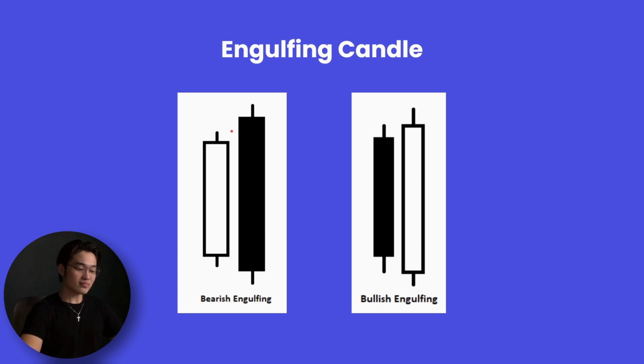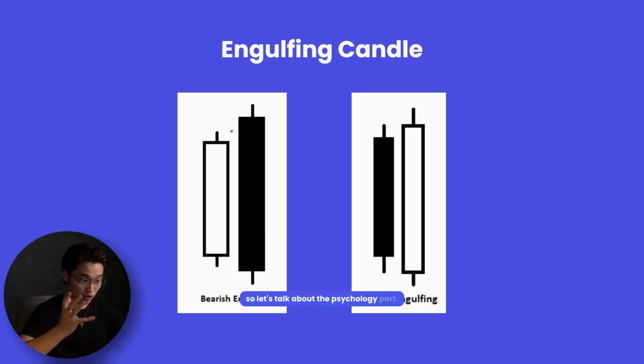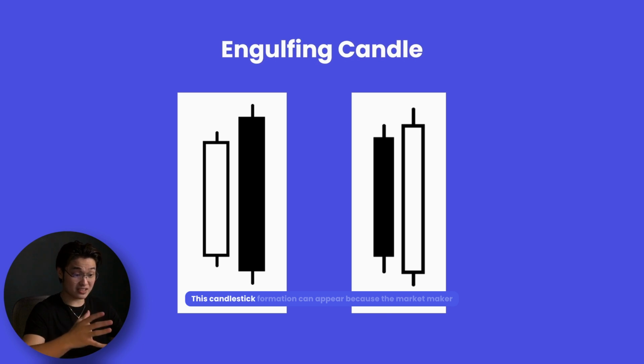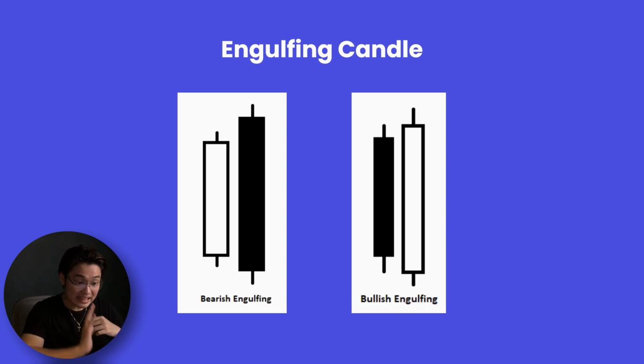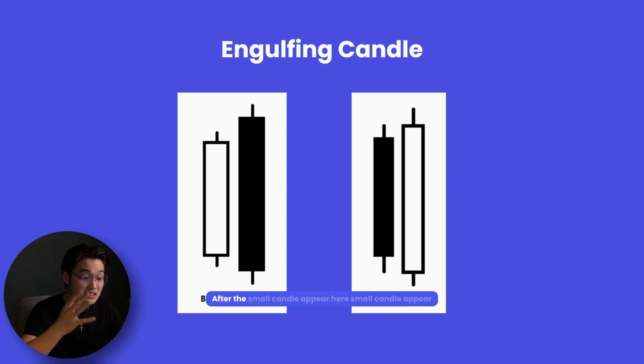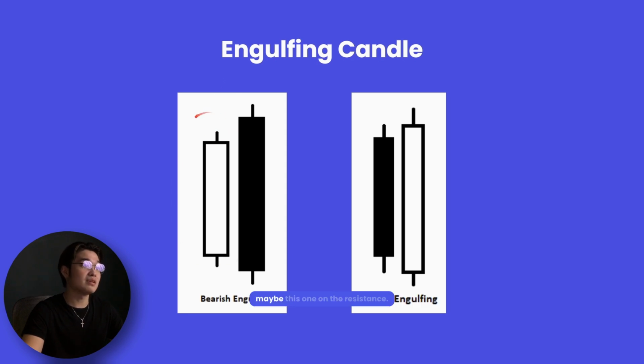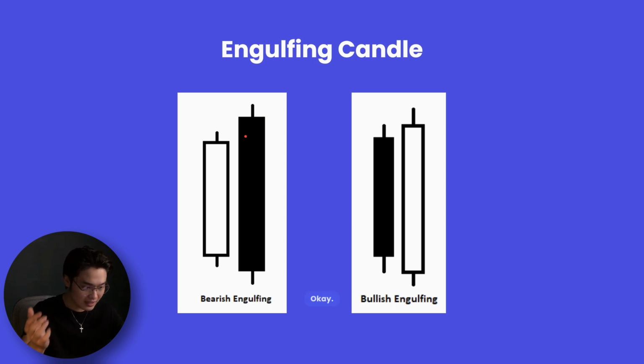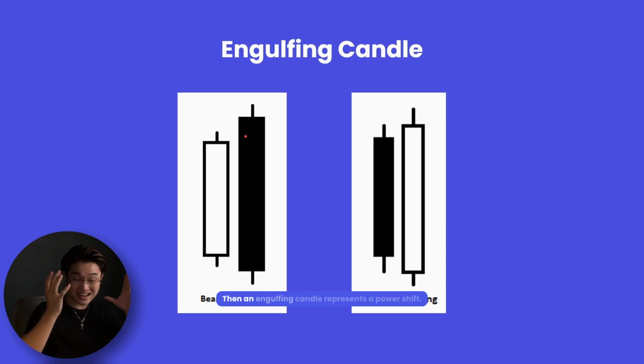Okay, so let's talk about the psychology part. This candlestick formation can appear because the market maker is taking all the orders in that period after the small candle appears. Here the small candle appears, maybe on resistance, and then the market maker, or big bank, takes massive orders on the supply zone. Then an engulfing candle represents a power shift.